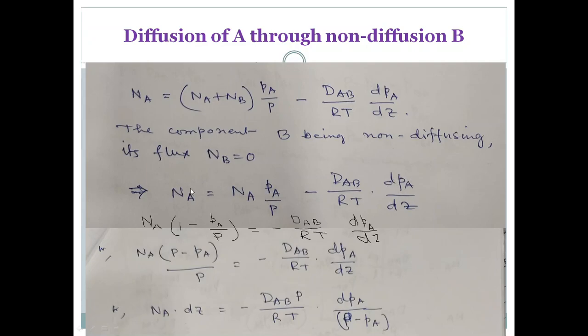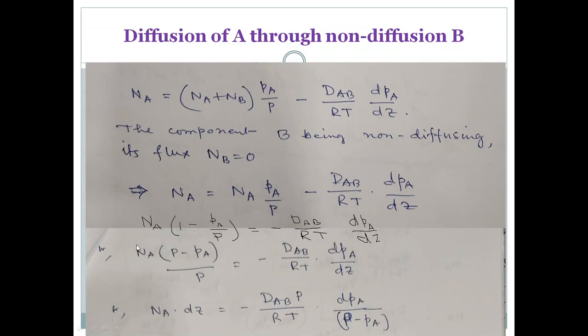Now if you take NA common, then 1 minus PA by P equals minus DAB by RT into dPA by dZ, so (P minus PA) by P into NA equals minus DAB by RT dPA by dZ.